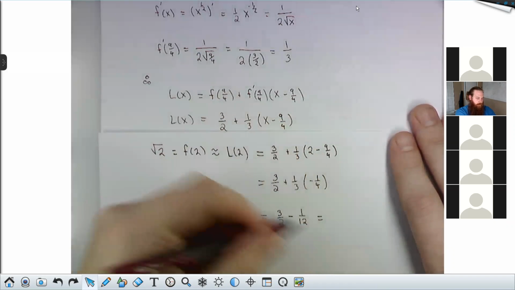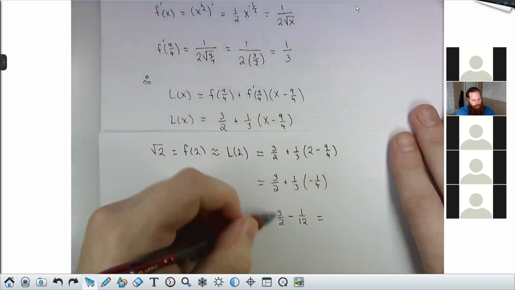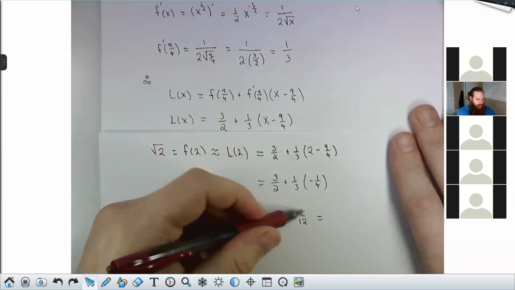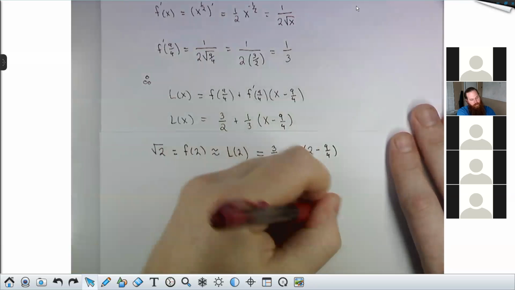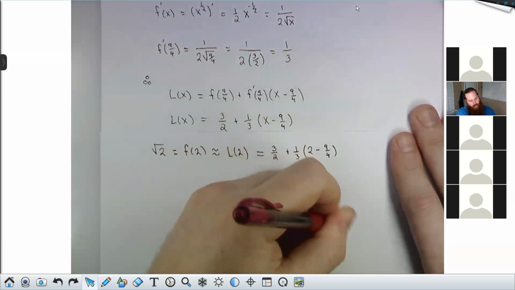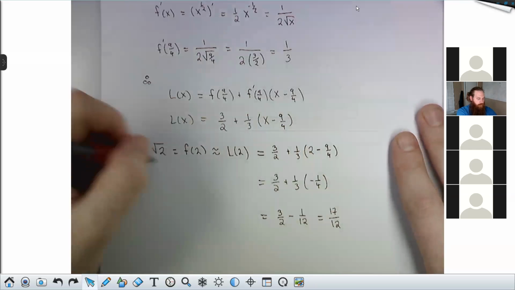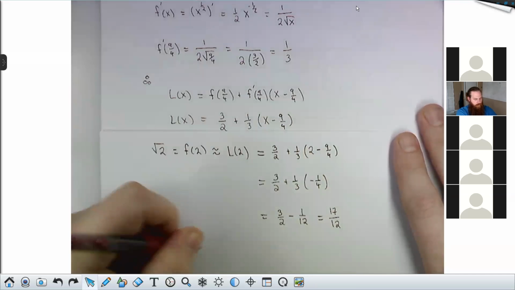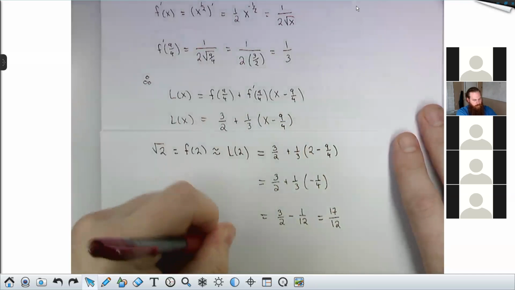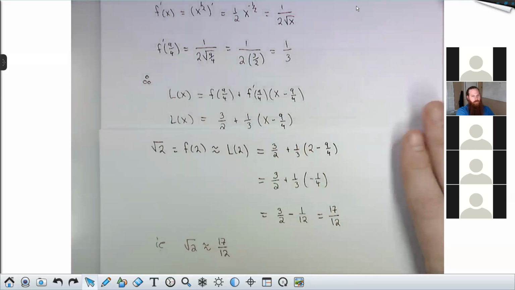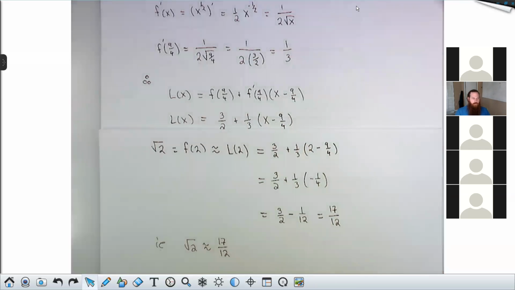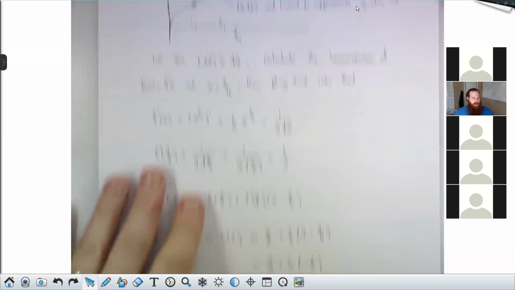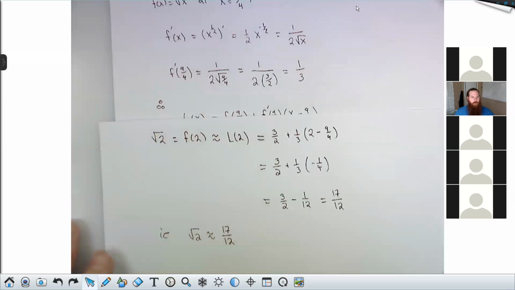And if you want to put that into a single fraction, you can. 3 over 2 multiplied by 6 over 6 is 18/12. 18/12 minus 1/12 is 17 over 12. So the square root of 2 is very, very close to 17/12. It's not equal to 17/12. There is a tiny gap between the blue point and the red point, but it's tiny. So these guys are very, very close.